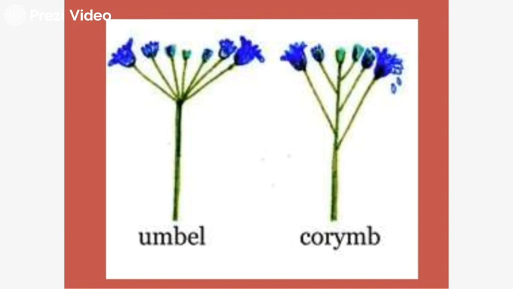What is important is that the individual stalks of the flowers are of variable lengths, giving rise to a platform type of arrangement of the flowers if you look at it from the top. So umbel means all the flowers appear from a single point. Corymb means all the flowers reach up to the same height, but they may not rise from the same point on the peduncle.